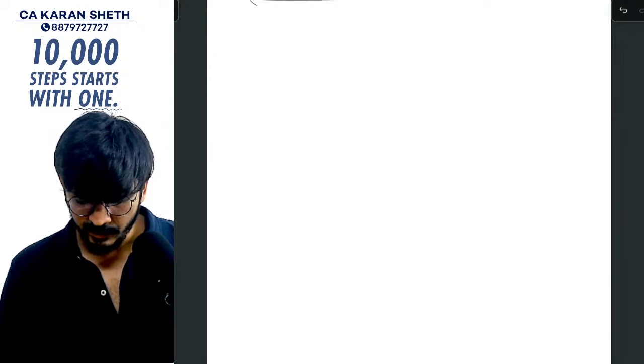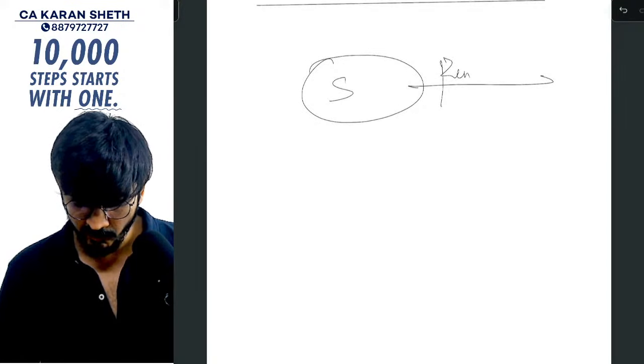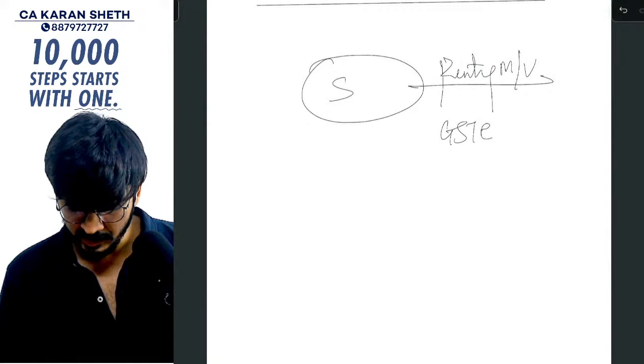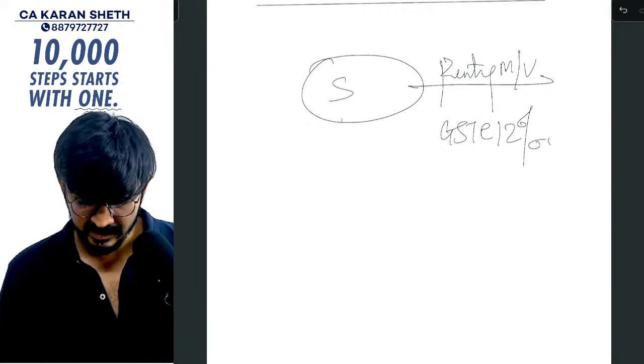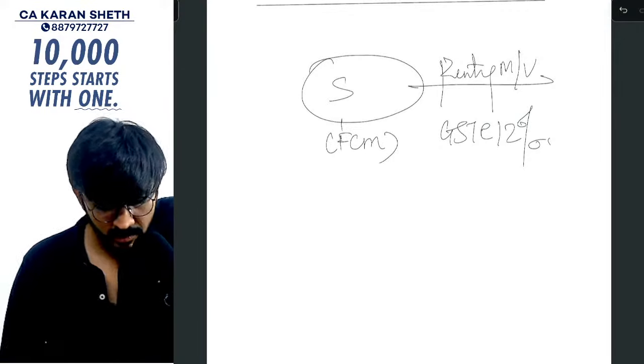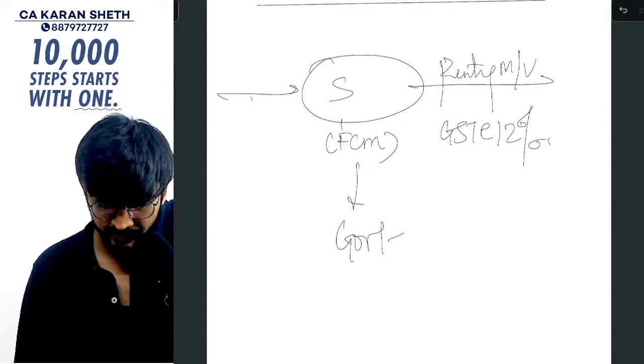Next is very simple. Let's say the same guy who is giving renting of motor vehicle service charges GST at the rate 12%, then tax is payable as per FCM again. So supplier will pay the tax to government. Whenever supplier pays tax to government, he will ask for ITC.